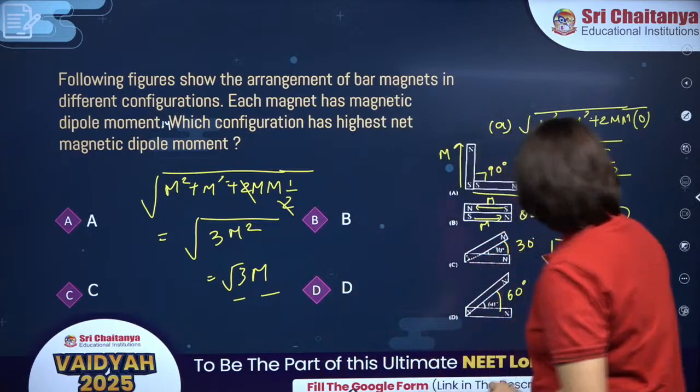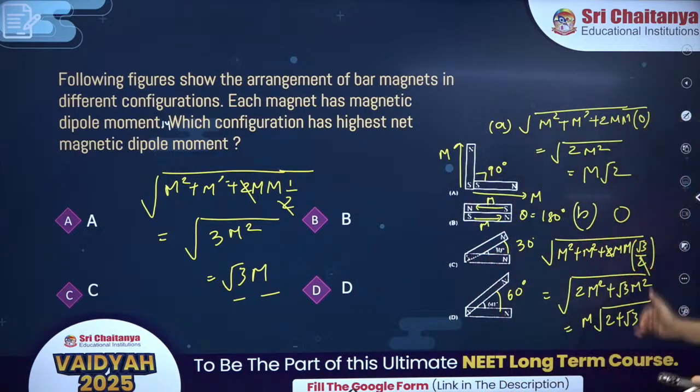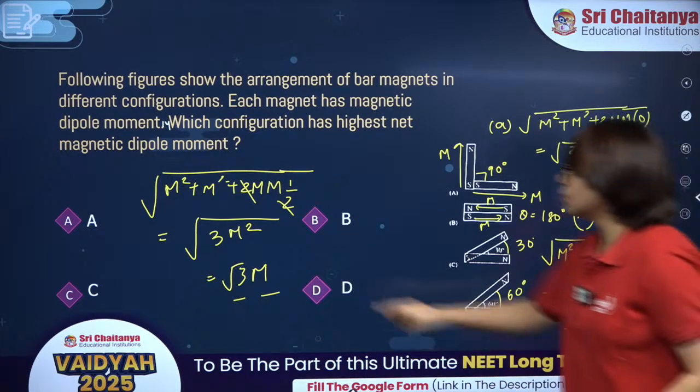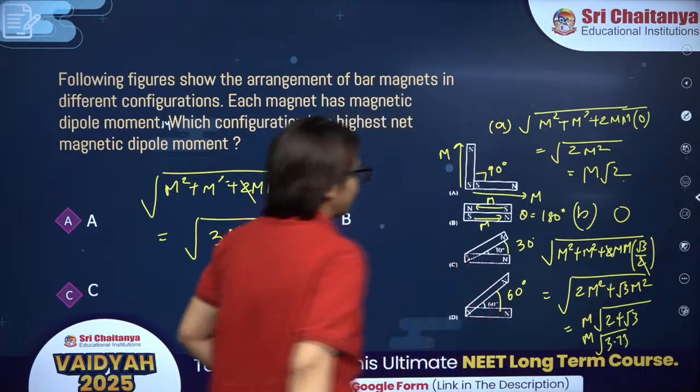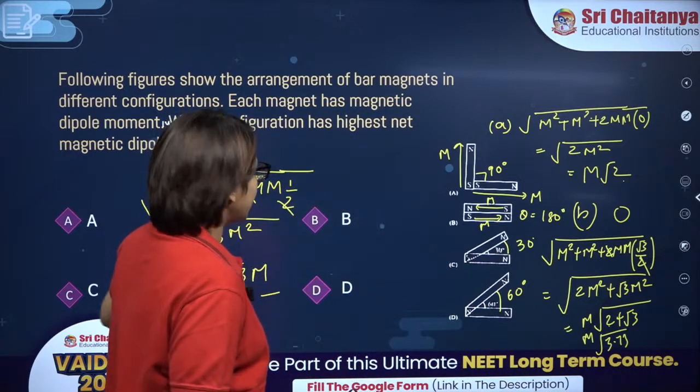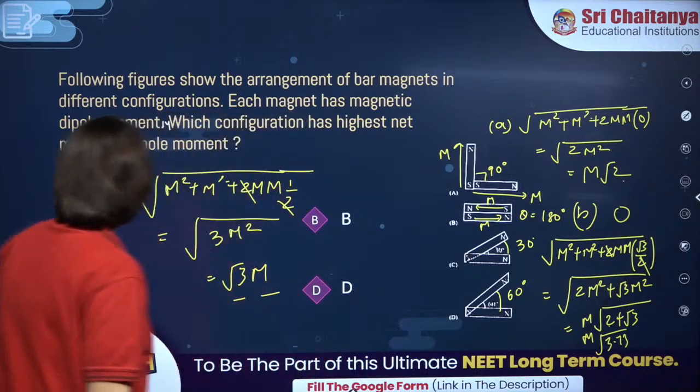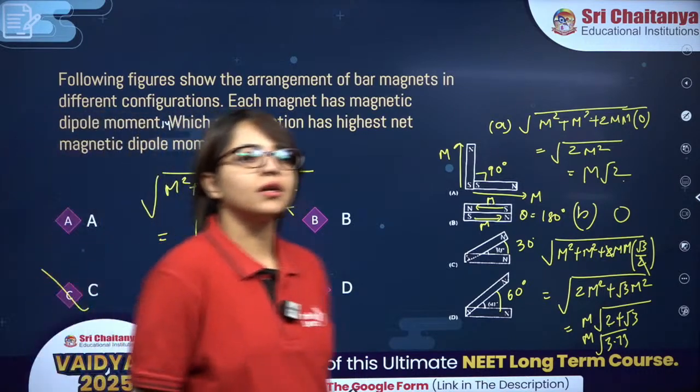Of course, out of these 4, A, B, C and D, the C one is the maximum, because it is 2 plus root 3, where root 3 is 1.7, so 2 plus 1.7 is 3.7. So it is m times root of 3.73, and this is root 3 m, and the second one is 0. So out of A, B, C and D, the C one is maximum. So yeah, the correct answer is option C. That is how it can be done.